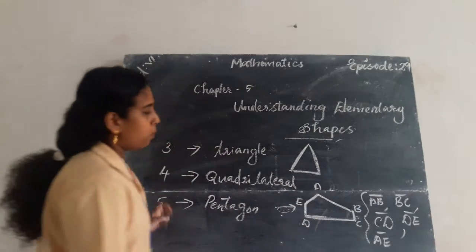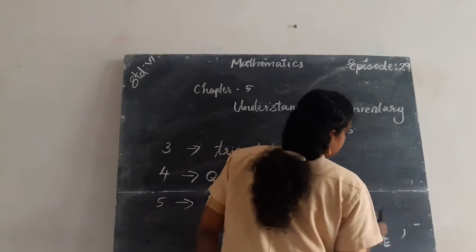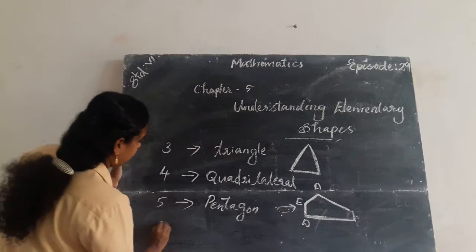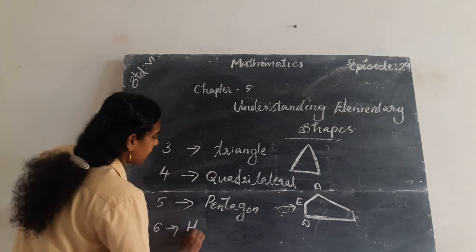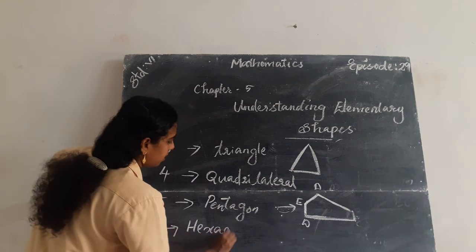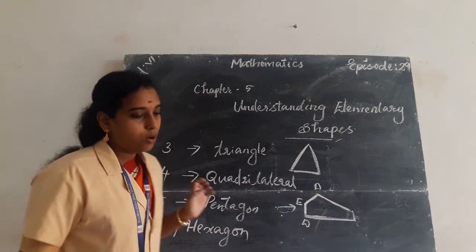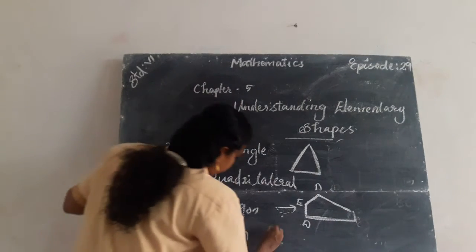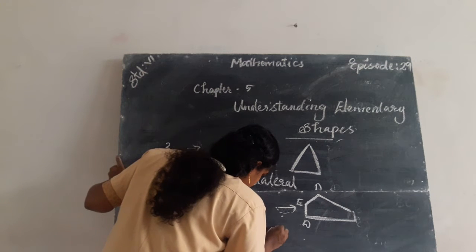Next is the polygon with 6 sides. A polygon with 6 sides is called a hexagon. Hex means 6. The figure is like this.